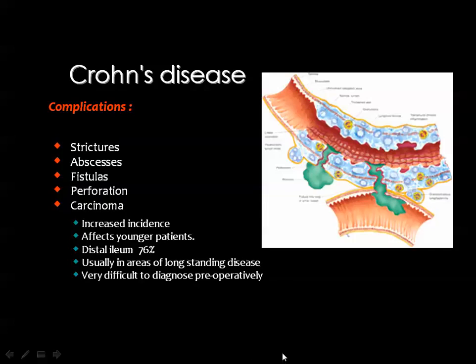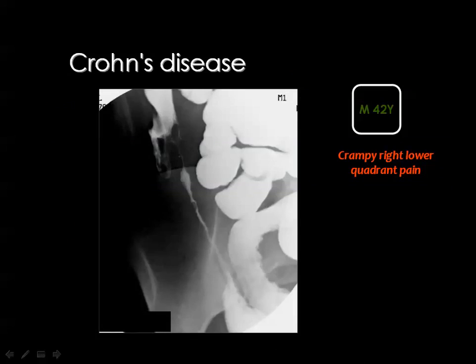And this carcinoma, of course, will develop in areas where the disease is long-standing, and we may have some difficulty diagnosing this preoperatively, because carcinoma will result in narrowing of the lumen, and Crohn's disease will also result in narrowing of the lumen, and the difference is not that clear from imaging.